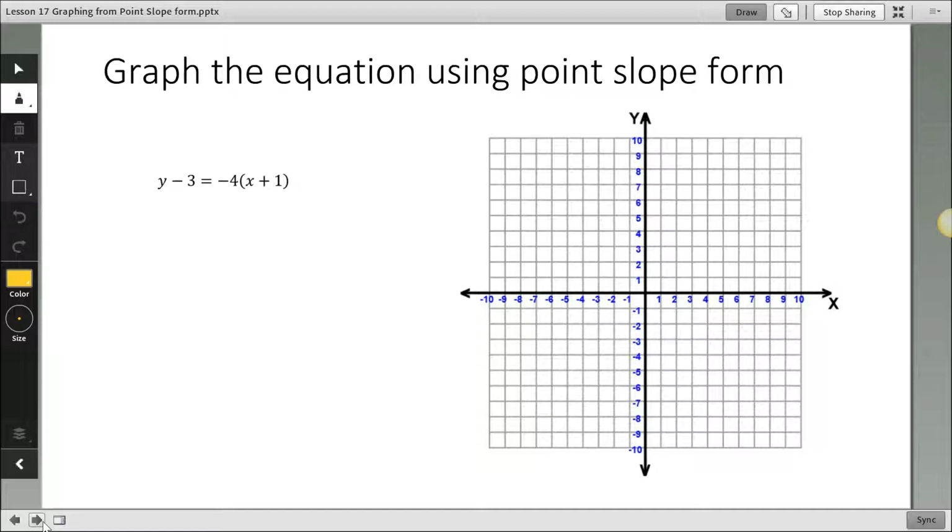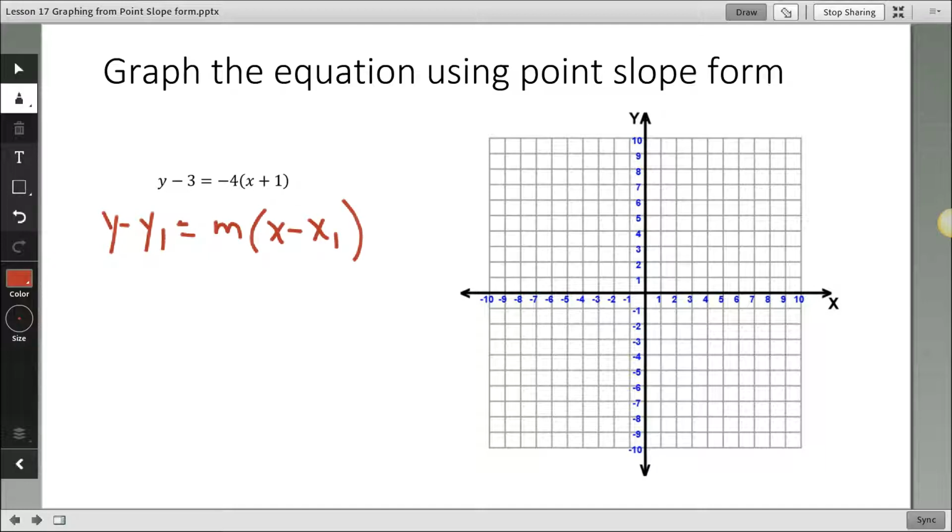All right, so let's take a look at this. So I've got y minus 3 equals negative 4 times x plus 1. Now remember, the form is y minus y1 equals m times x minus x1.